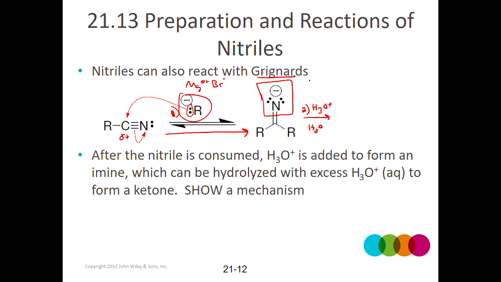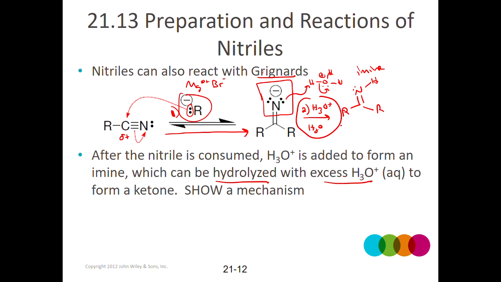But the nitrogen would pick up a proton. And that gives an imine. And in chapter 20, when we talked about imines, we said those can be hydrolyzed with H3O plus and water.